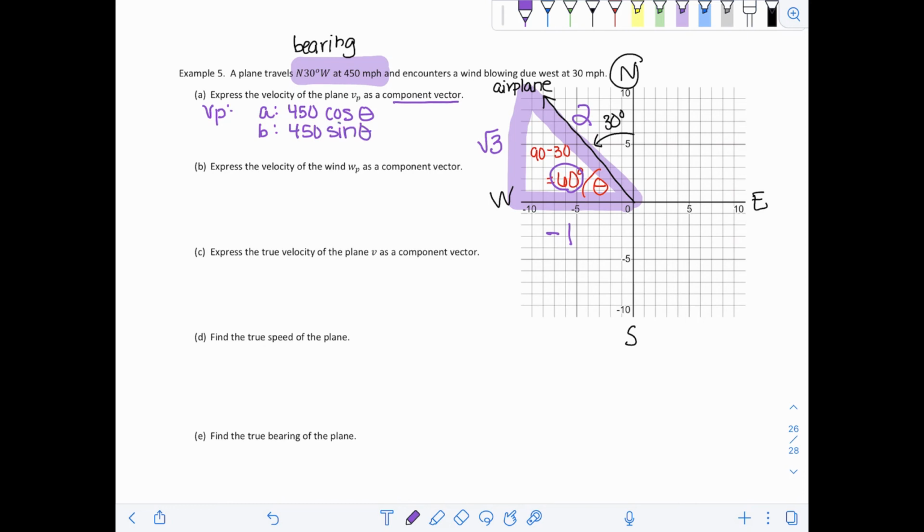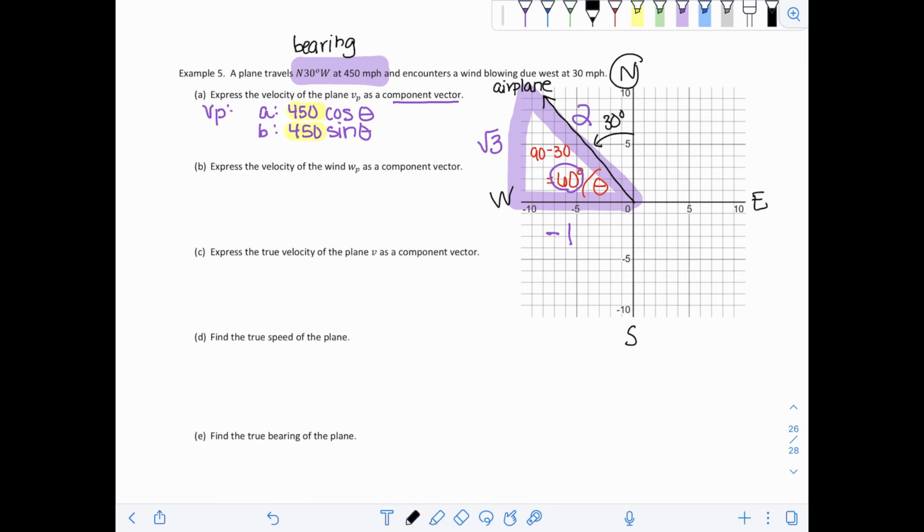If I write it this way, that's what allows me to convert it to that special triangle of 1, square root of 3, 2, because I'm multiplying by 450 at the end to recognize that the hypotenuse is not actually 2. It's going to be 450 because that's what the magnitude is.